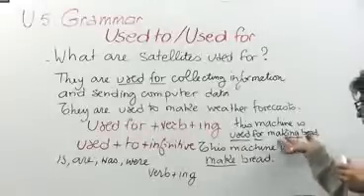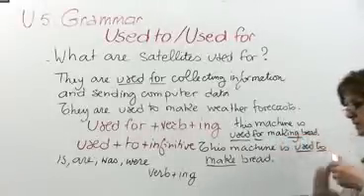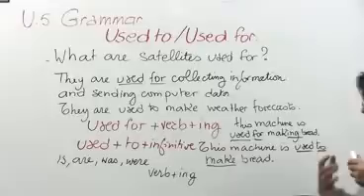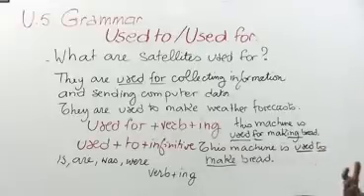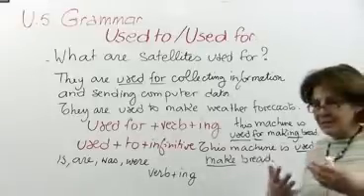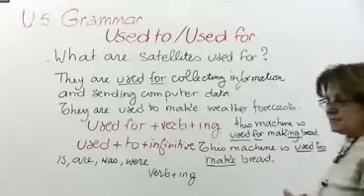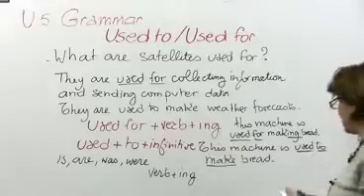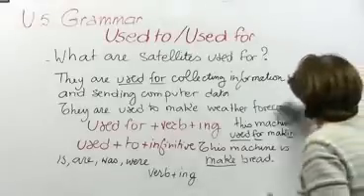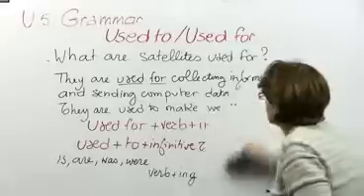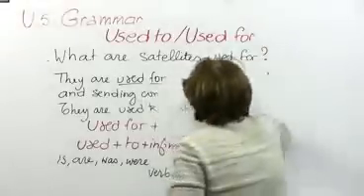It is for making bread. What is a computer used for? Collecting data. What is a satellite used for? For sending, collecting and sending information. I think it is clear.